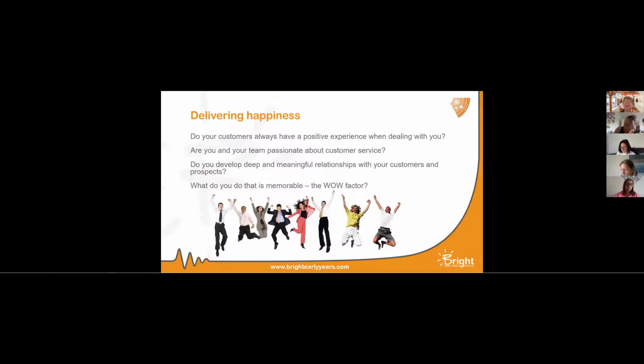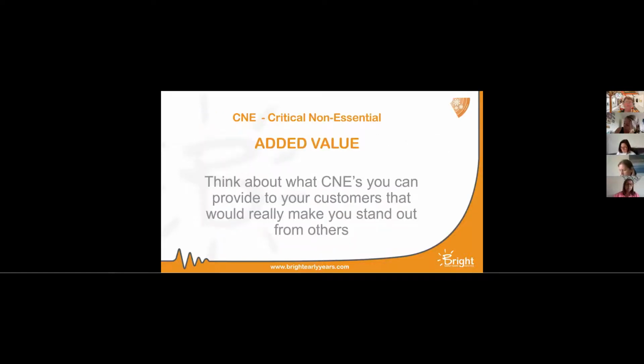So do we do anything that could be called that wow factor, basically, and how do we build that into what we're doing? If we think about what these things are, these are what I call critical non-essentials: things that you don't have to do, that may cost a little bit of money, or can be things that don't really cost very much at all.